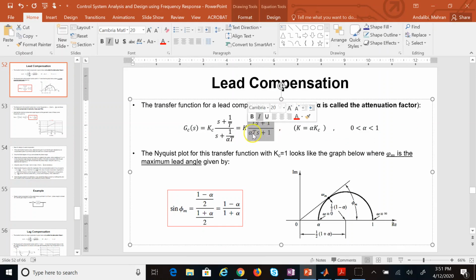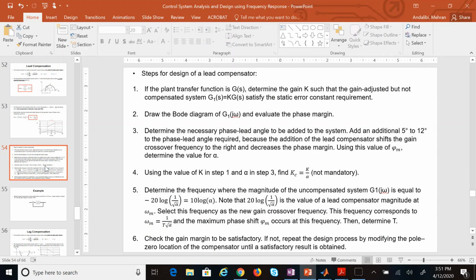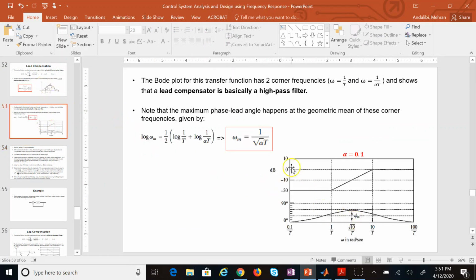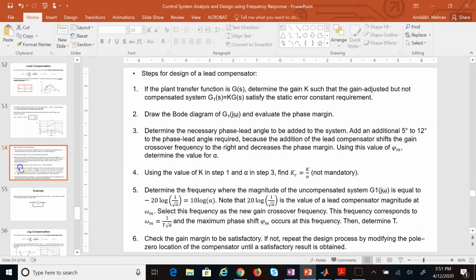The only parameter missing is T, and let's find T. So where do you find T? It says we want the location of omega m, where the maximum lead angle contribution is happening. We want that location to be what?